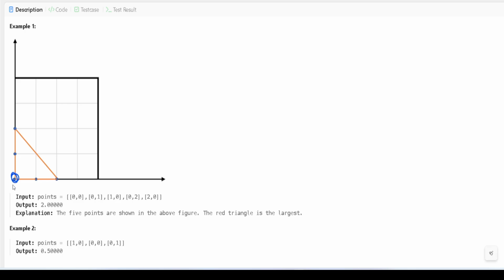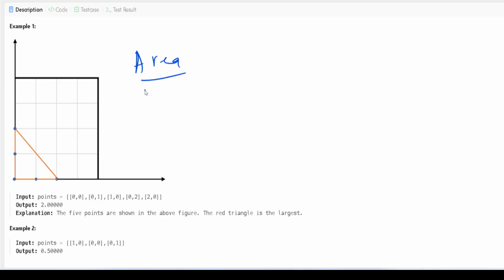If 3 points are collinear, it means they are at the same places, right? It means they cannot form any lines with respect to each other. And in that case, the area will be 0, right? How? Because we know how we are calculating the area.